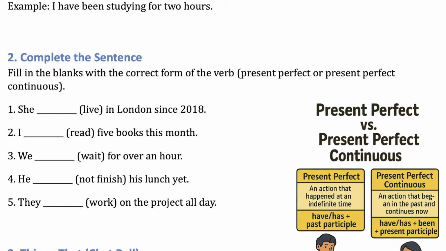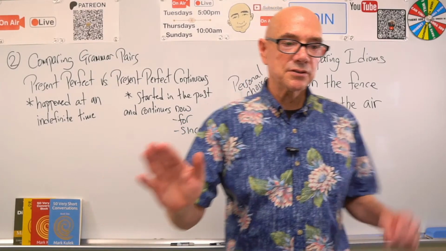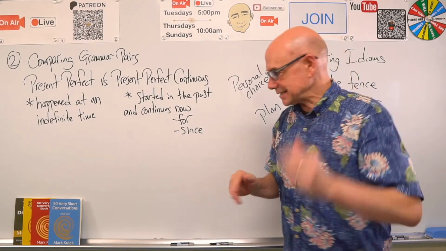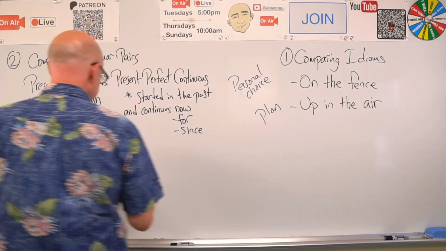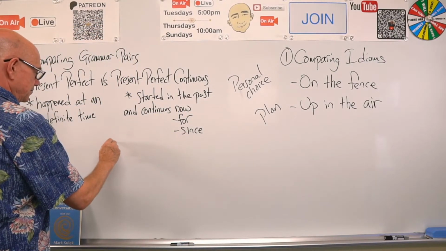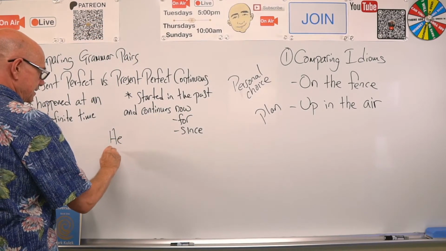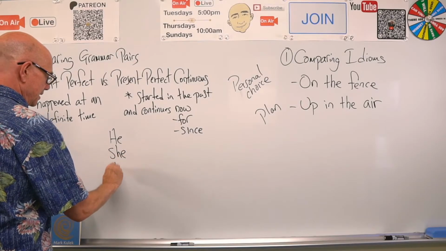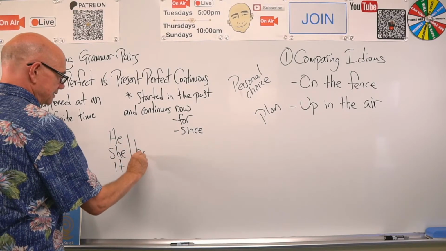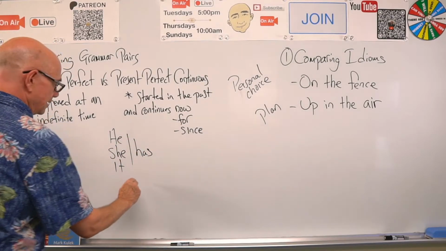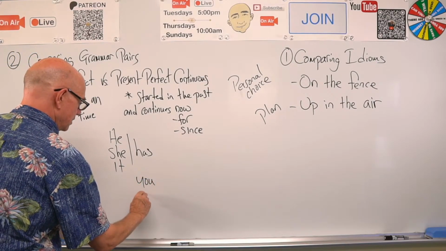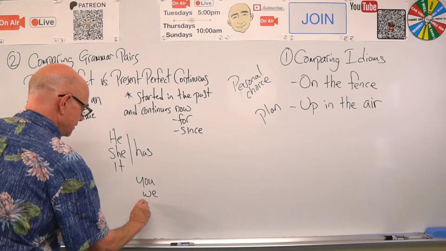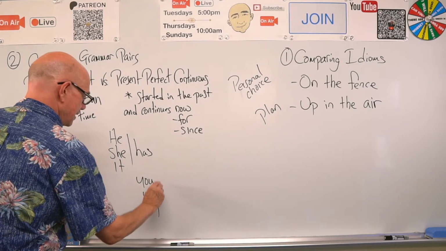Okay, so have, has. All it is is subject verb agreement. So he, she, it has, and then you, we, they have.